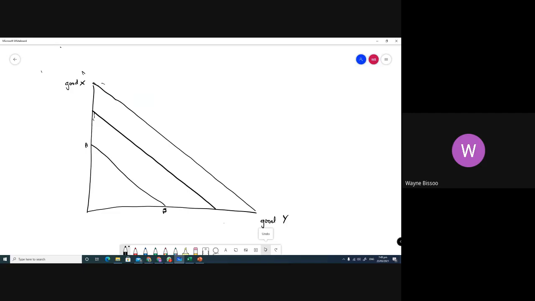Let's leave it as three budget lines, right? So this is the budget line AB. Incomes change, we get to CD. I'm going to skip using E, right? And then we have another budget line here, which we'll call FG. Each of these budget lines is parallel to the others, meaning that the prices of both goods X and Y have not changed. Okay, let's clean this up a little bit here.